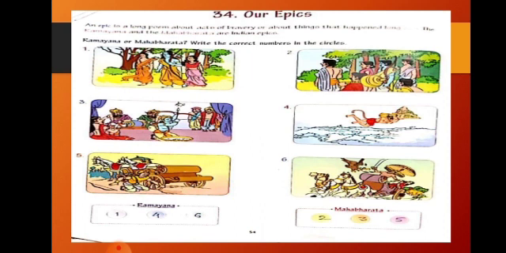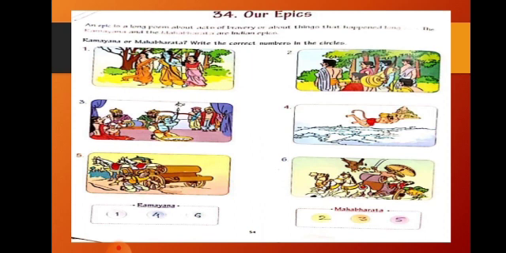Mark there 1. The second picture is of 5 Pandavas along with Draupadi, and it relates to Mahabharata. The third picture, you can see Arjun aiming and using the arrow, and this picture relates to Mahabharata. Write there 3.